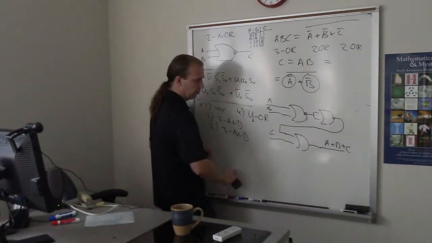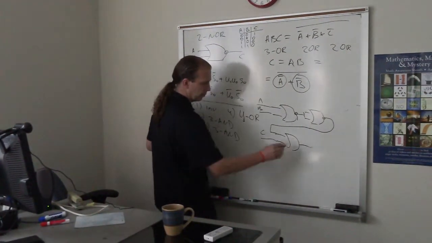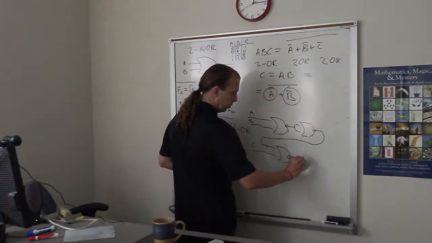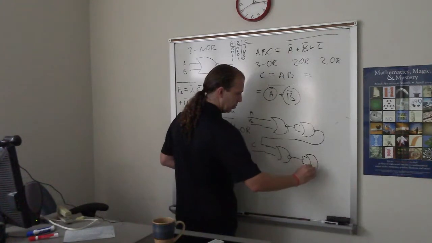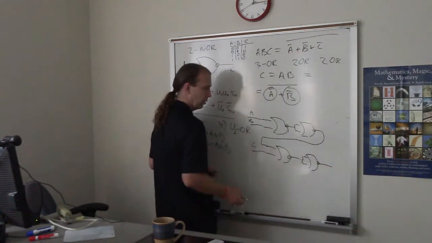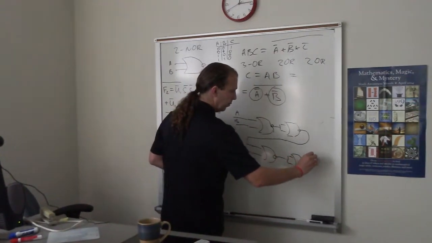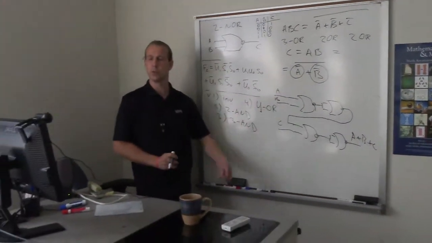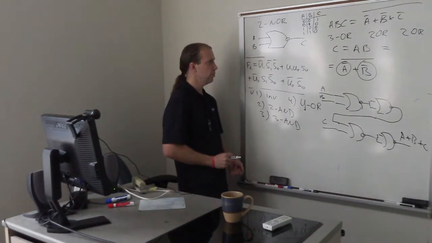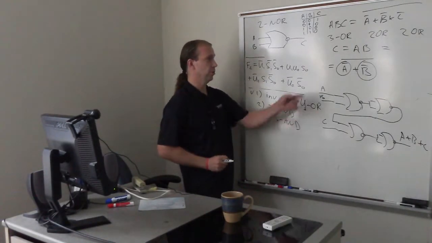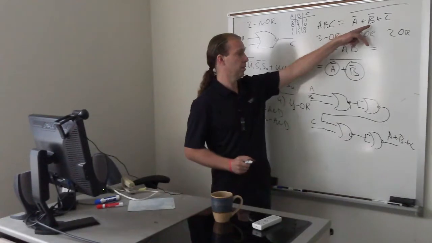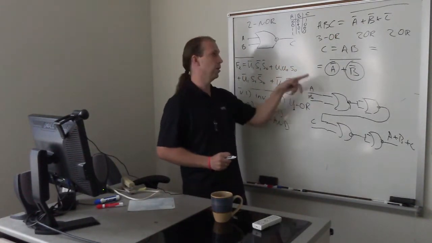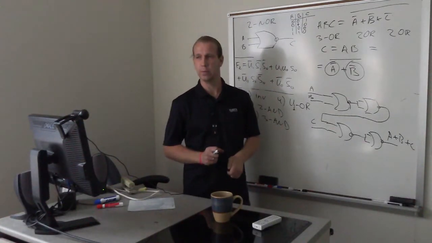And same here, 2 NOR and so this time it will be A plus B plus C, but only with the use of 2 NOR blocks. Then you just feed, instead of A, B, and C, inverted versions of A, B, and C, and this will be your ABC.